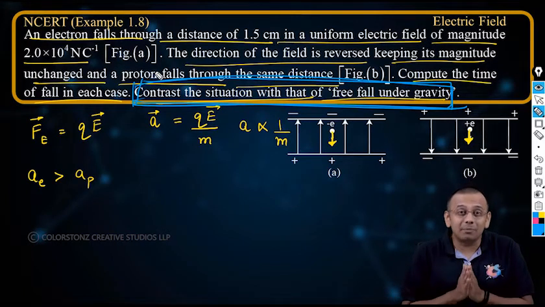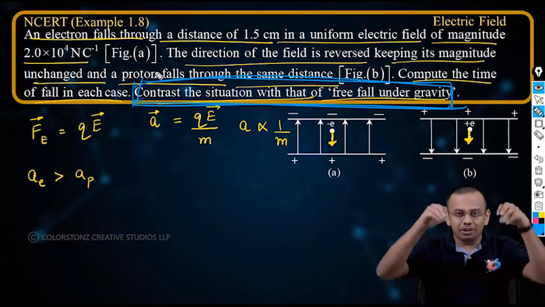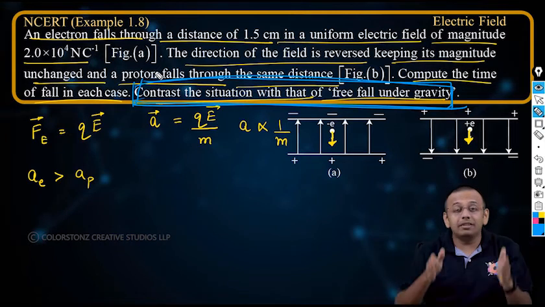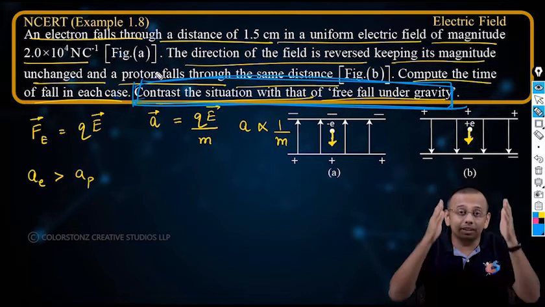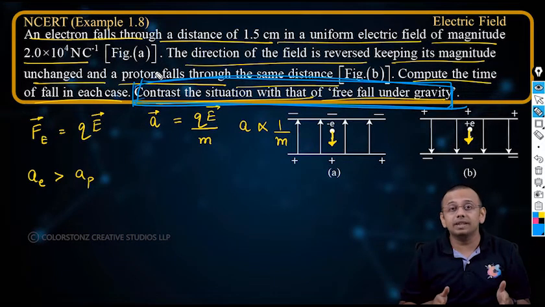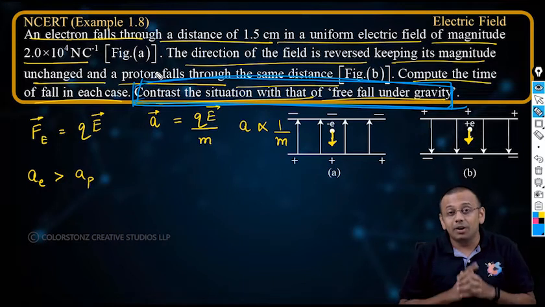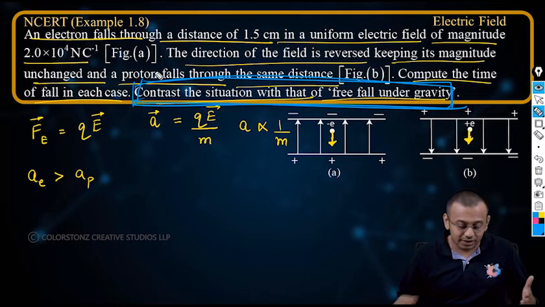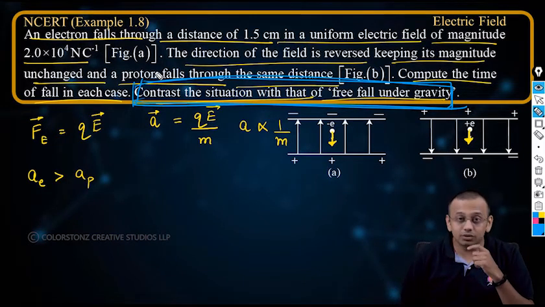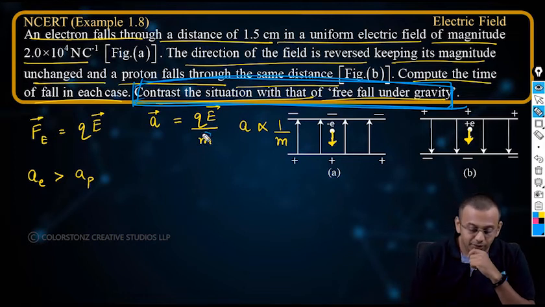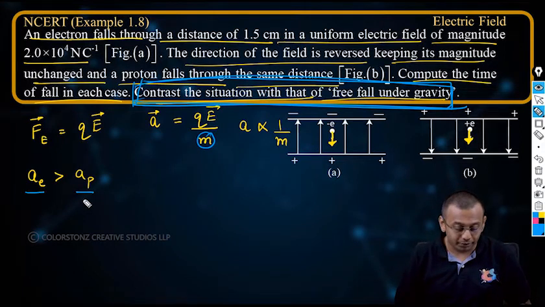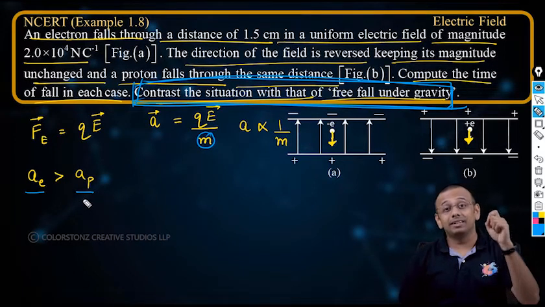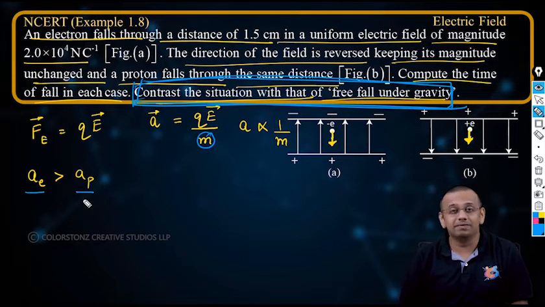In gravity, any particle you take, you release them, they free fall with the same acceleration, because of which they cover the same height in the same time. Whereas in this case, the acceleration is not going to be the same. Lighter particle has more acceleration, heavier particle has lesser acceleration, because of which the time is also going to be different.